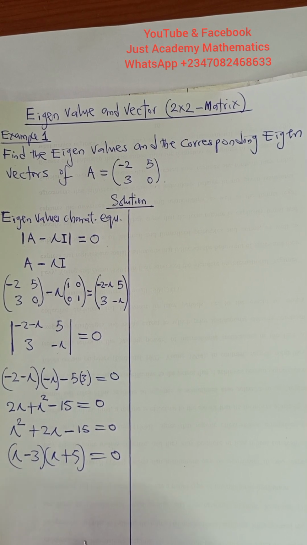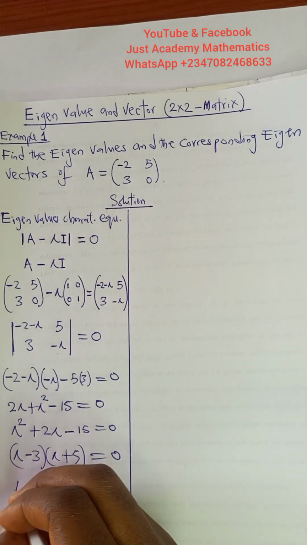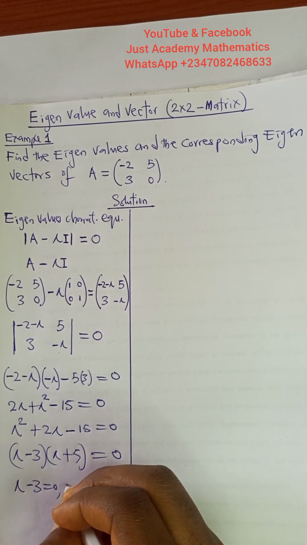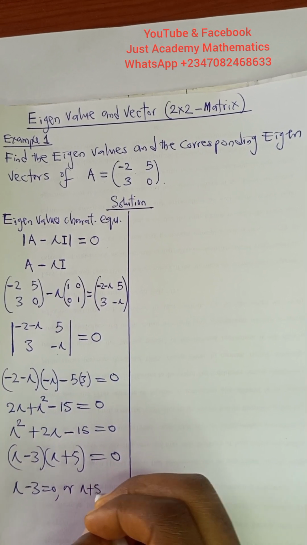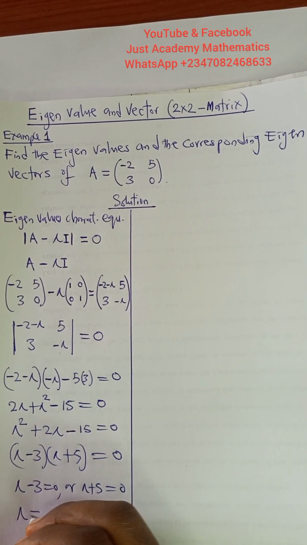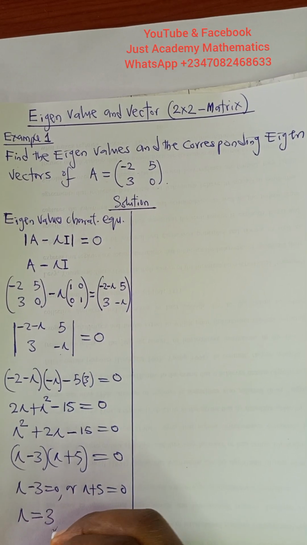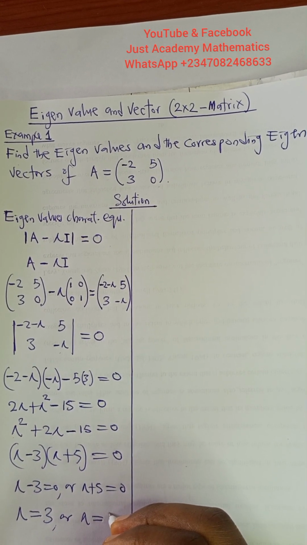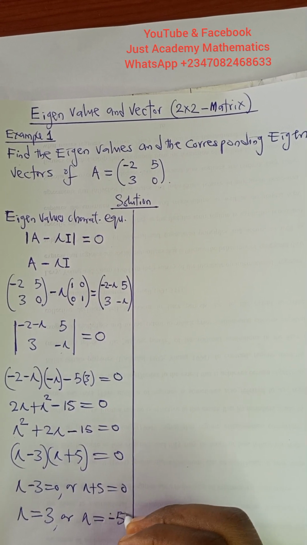From here, we can conclude that lambda minus 3 equals 0, or lambda plus 5 equals 0. So lambda equals 3, or lambda equals minus 5.